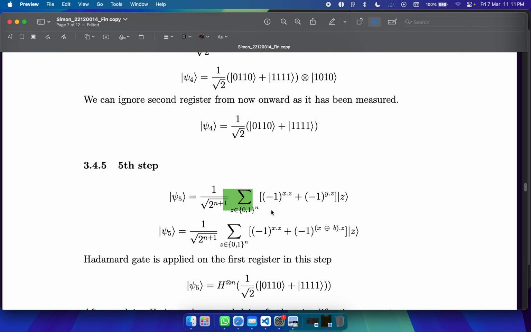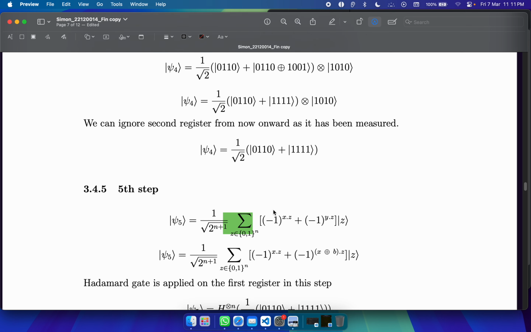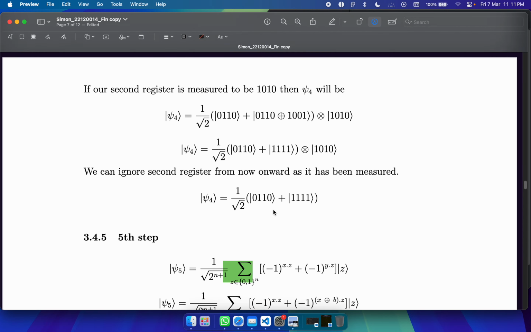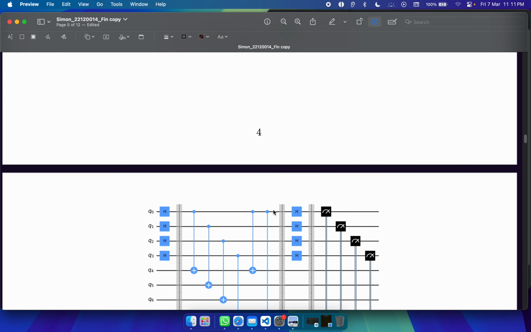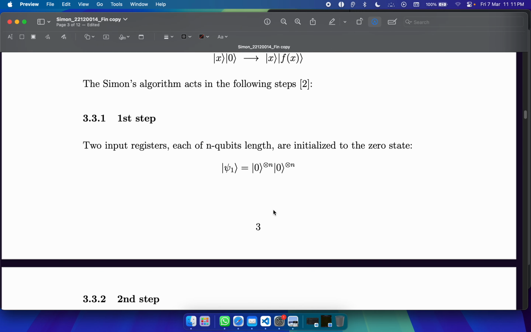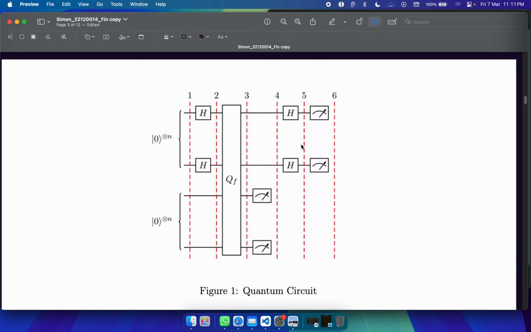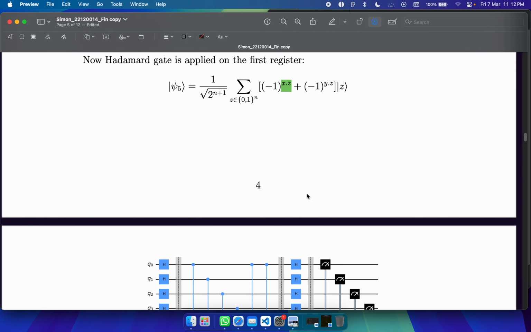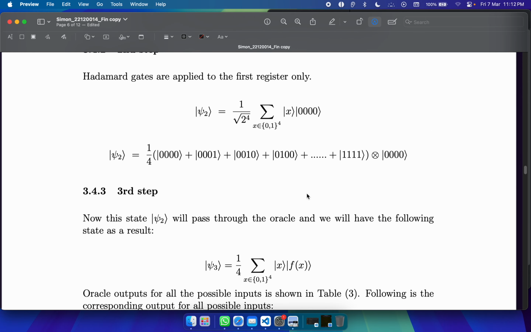I'll have to look into this a bit more, because I don't know how the summation came here, because we're not applying anything. But psi 5 is somewhere here where we are applying the Hadamard gates, so that's why the summation is there. I was just confused because of that.